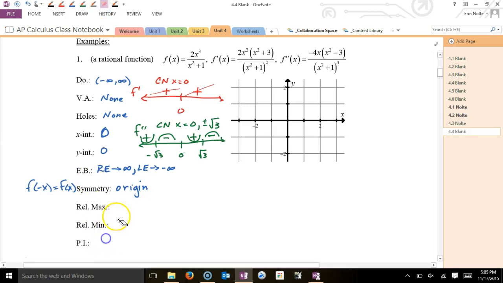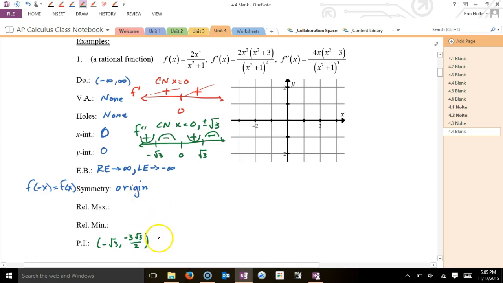Let's see, we got one at negative square root of 3, and if I plug negative square root of 3 into the original to find its corresponding y value, I will just tell you that you get -3 square roots of 3 over 2, which we could convert to a decimal.